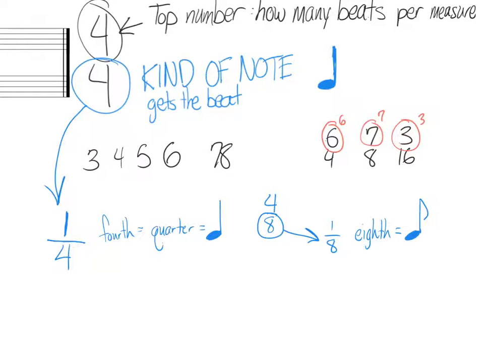Let's look at another example. How about 3/2? So we'll take that bottom number, make it into a fraction. 1 over 2. We usually call that a half. So a half note gets the beat.